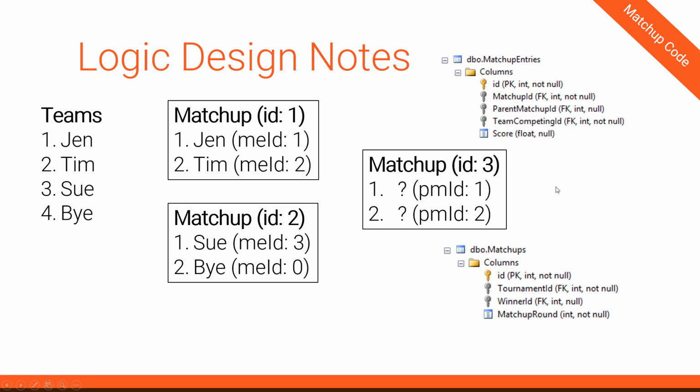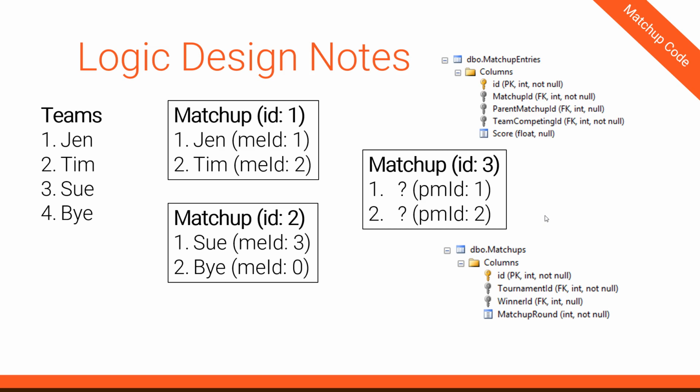And even if we are another layer deep, we would just say, say we had a matchup down here, one of the records like here would point back to this matchup, and the other one would point down to this one down here that's not yet there, but we pretend it is. So we could still point back to matchups even though those matchups don't even know who's playing in them yet.